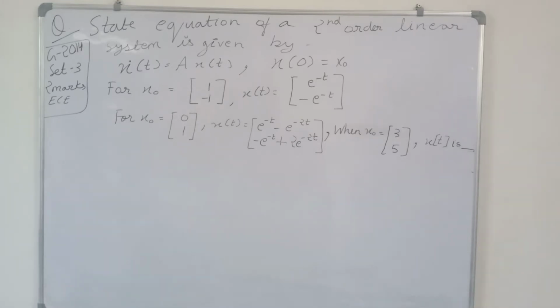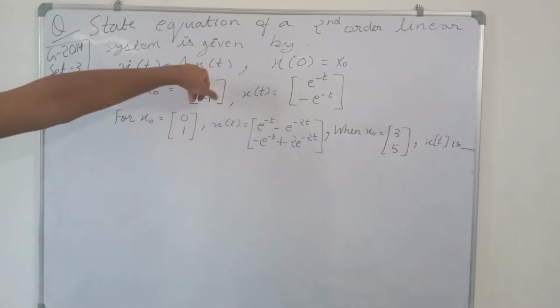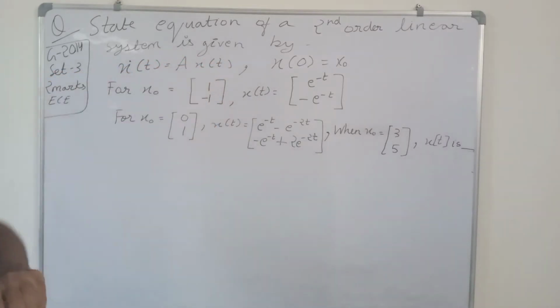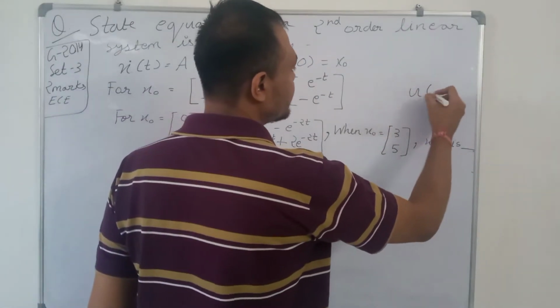The state equation of a second order linear system is given to us: x dot of t is equal to A x of t. Here the input u of t is 0.